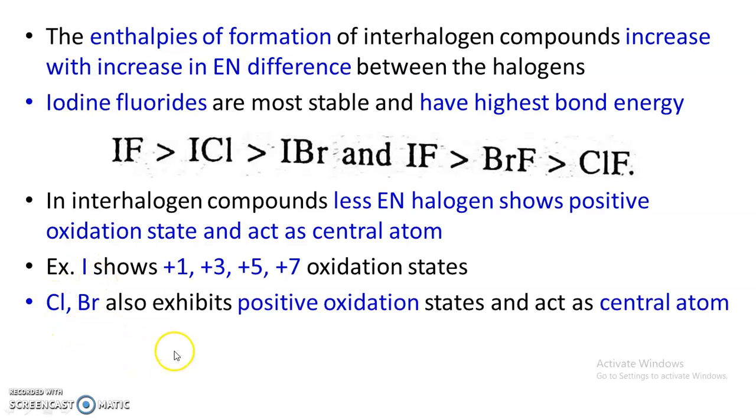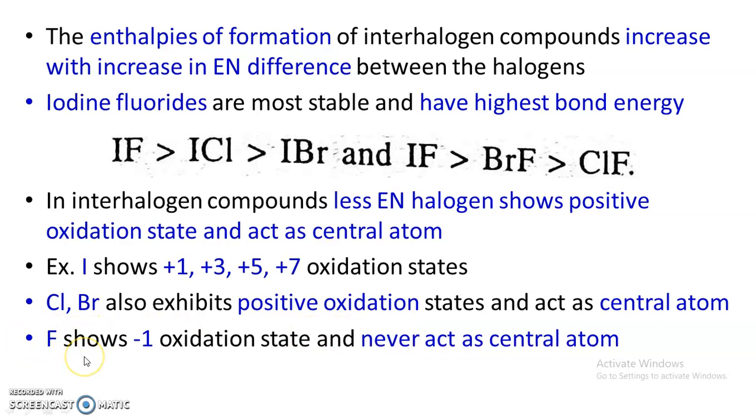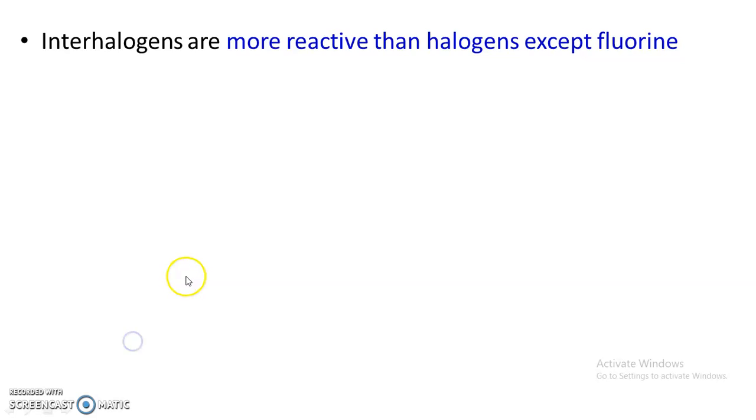Sometimes chlorine and bromine also act as a central atom because they show positive oxidation states like +3 or +1, etc. But fluorine, as it shows -1 oxidation state, never acts as a central atom. So the central atom always shows positive oxidation state.